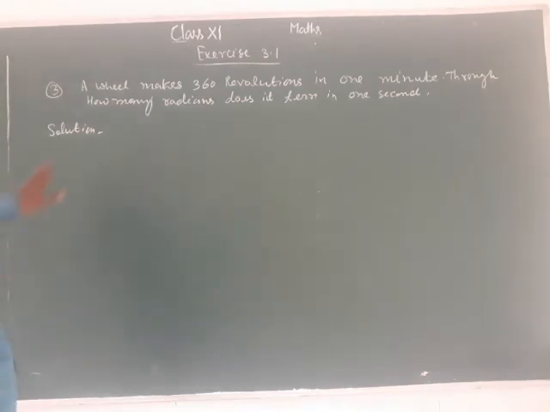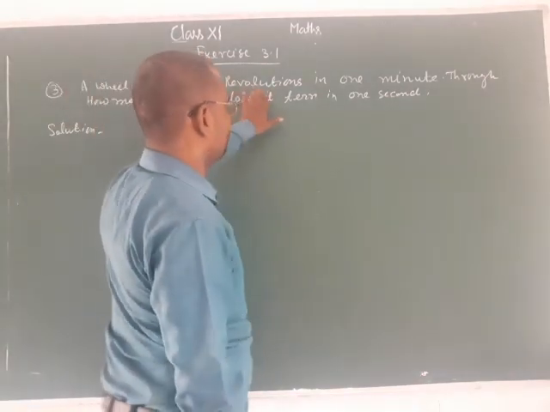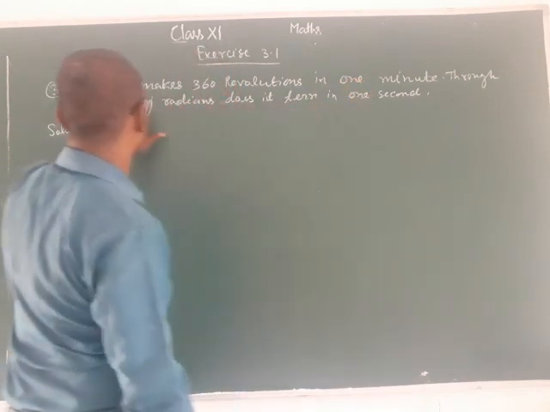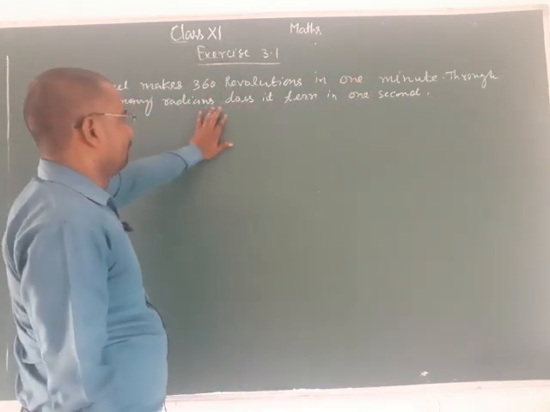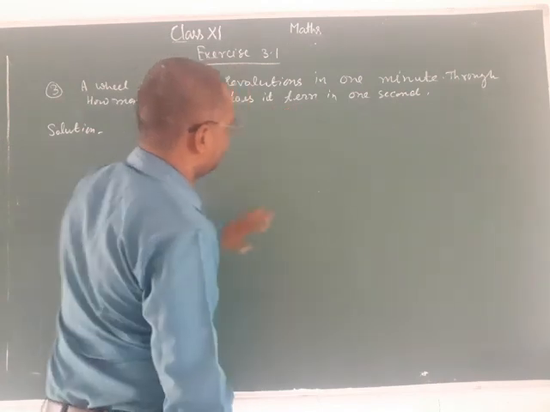Question number 3. A wheel makes 360 revolutions in 1 minute. Through how many radians does it turn in 1 second?